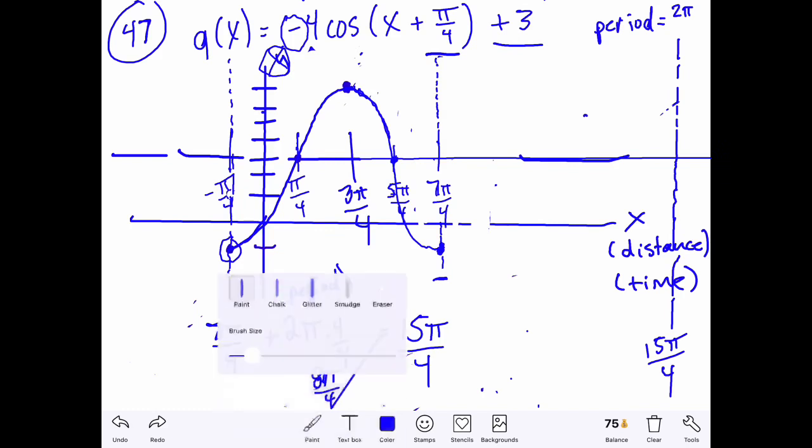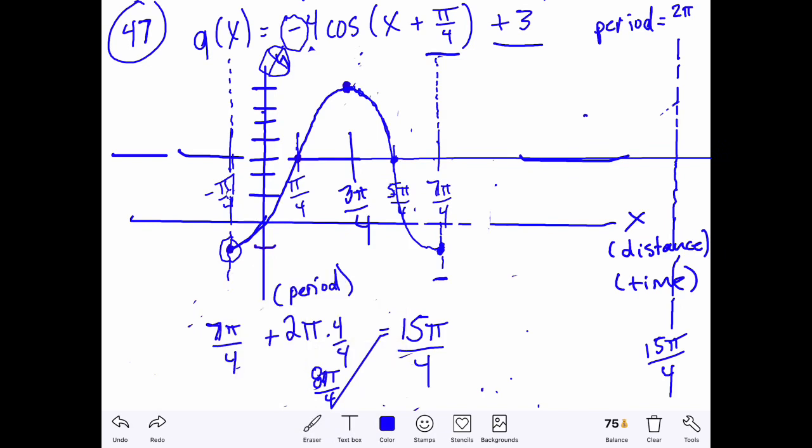Okay, so let me erase. So what did I do there? Well, I added the period length to wherever my last period ended, which was 7 pi fourths, and I added 2 pi to it. Okay, and that got me to 15 pi fourths, so I know that that's where it's going to end.